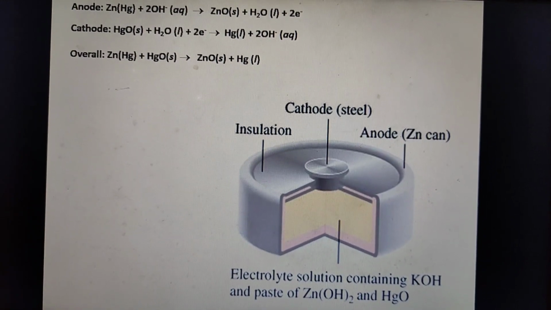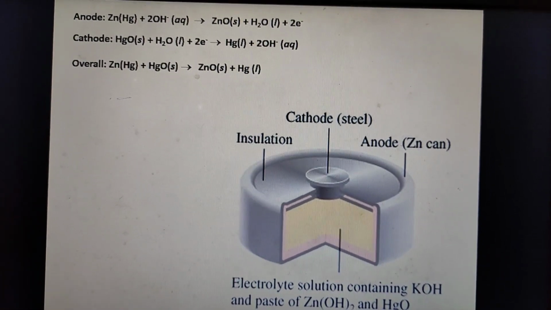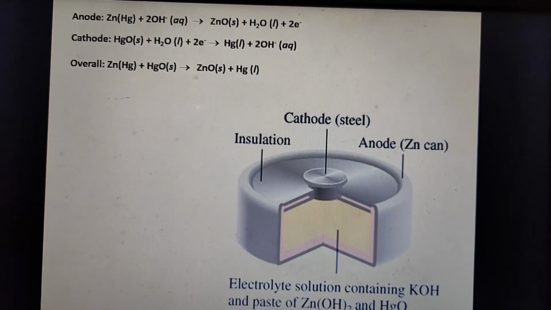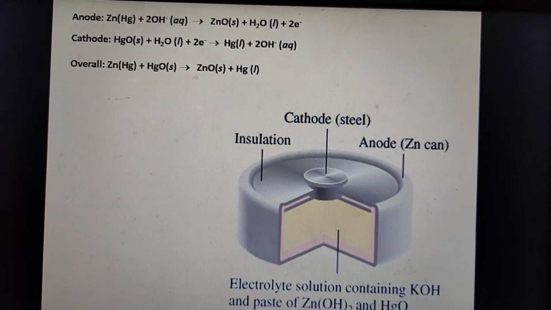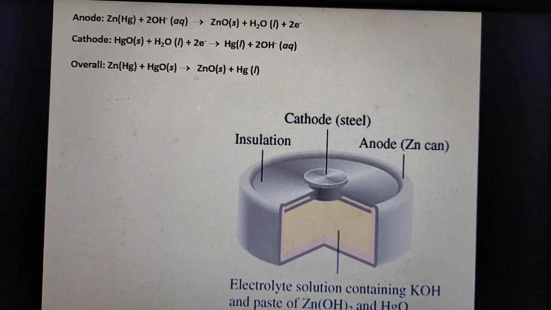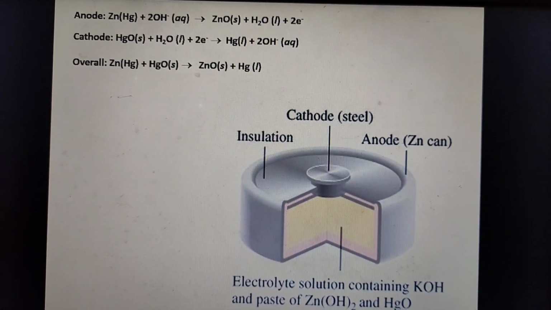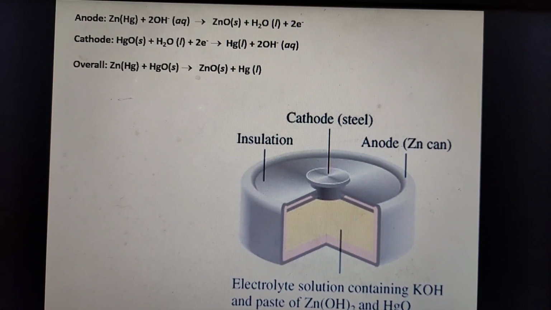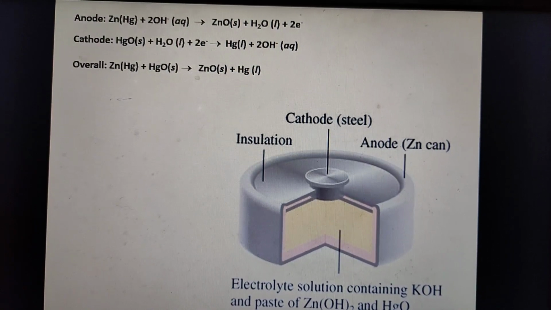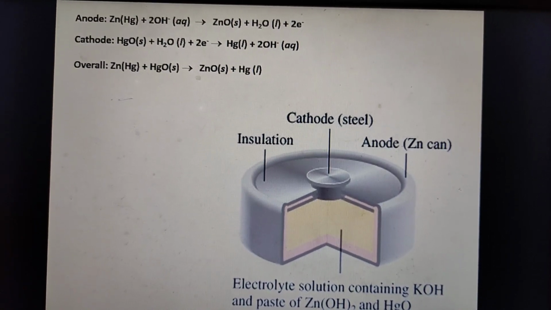And you can see the figure of a mercury cell. In the mercury cell you have a cathode. You can see the cathode, a steel cap is there. Below that there will be mercuric oxide paste.